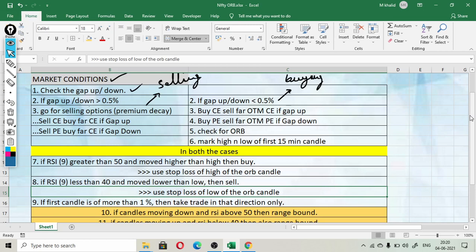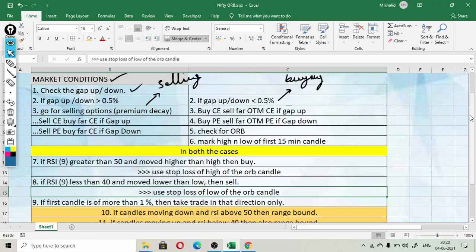Then there is one strategy you can use, which I have mentioned here. If you are going for option premium, then what will you do? If the market has opened gap up by more than 0.5%, then you can sell a call and buy a far call option.